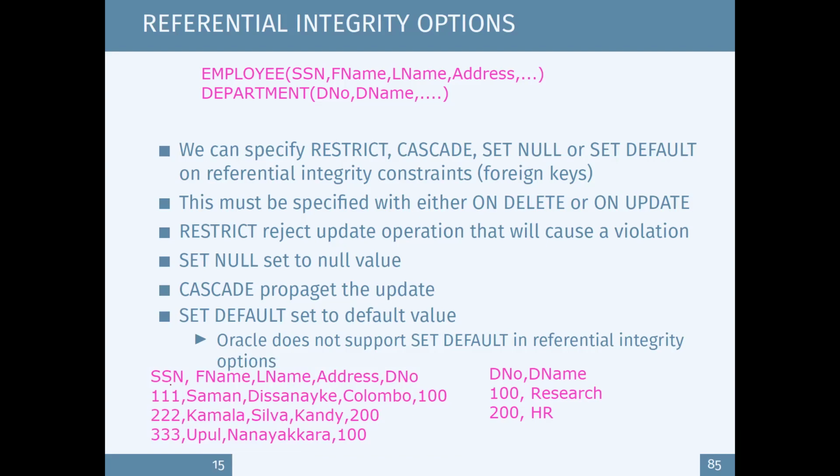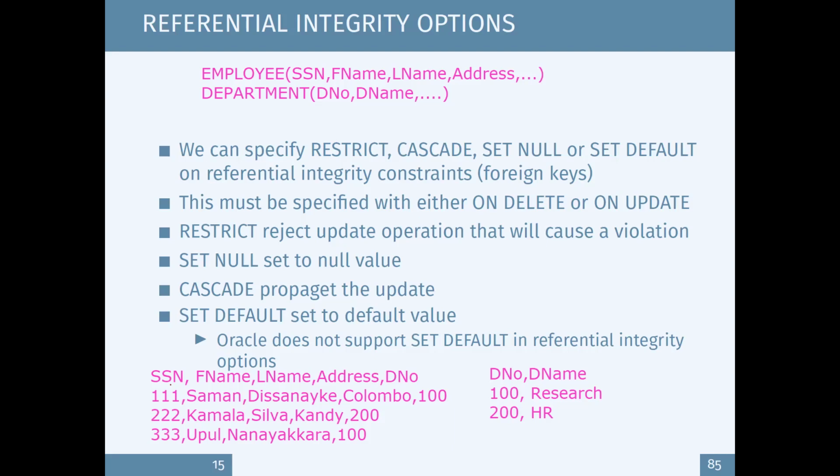Yes? Okay. Now here is a situation. If you have this data in your tables, let's say you remove research. What should happen to these data points? Can you think what should happen? Let's say we are going to remove research from the table.